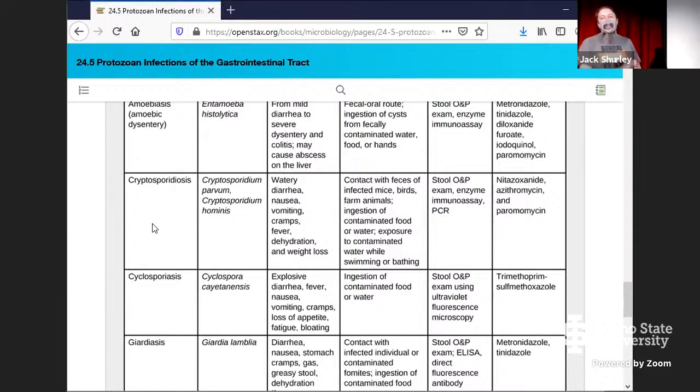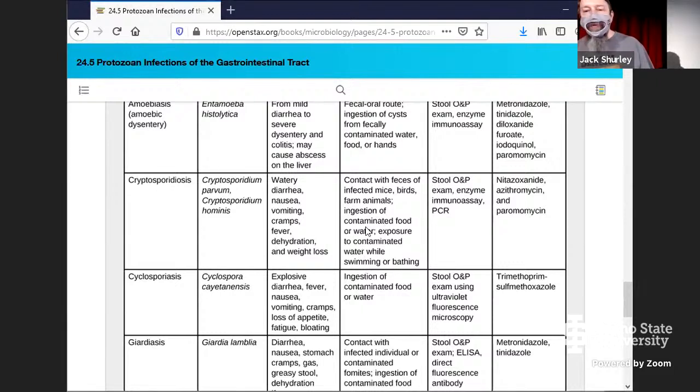Cryptosporidiosis, Cryptosporidium parvum. We mentioned this, swimming pool, other stuff. So watery diarrhea, nausea, vomiting, dehydration. There's potentials with that in most all of these. Again, fecal oral situation, coming in contact with feces from different animals sets the stage, and then other stuff, swimming, bathing.